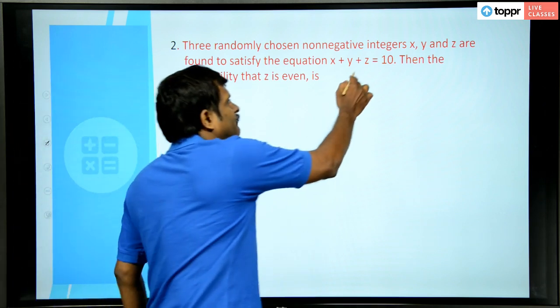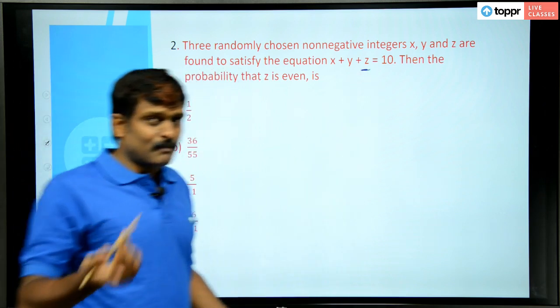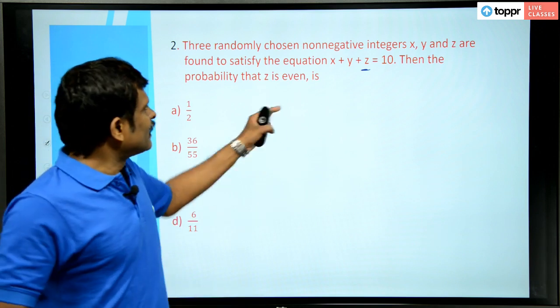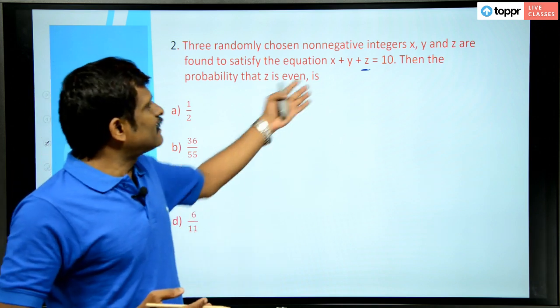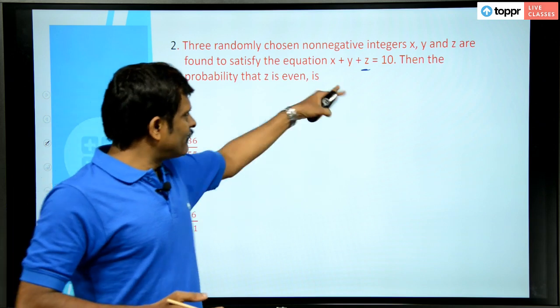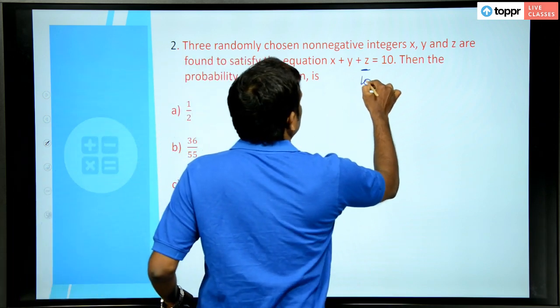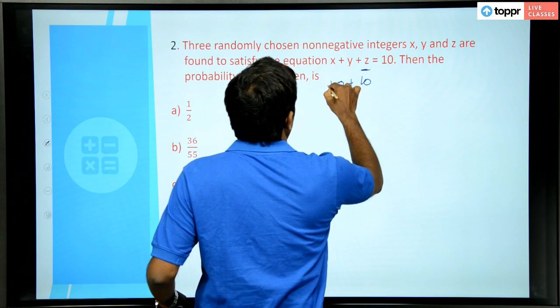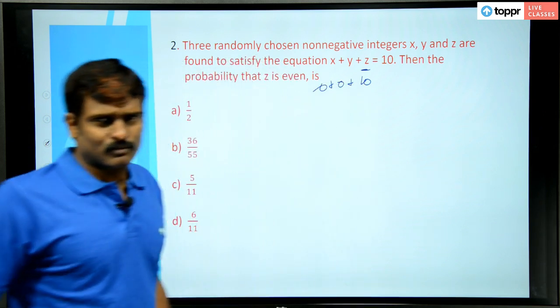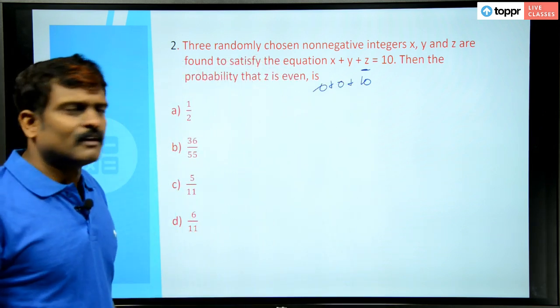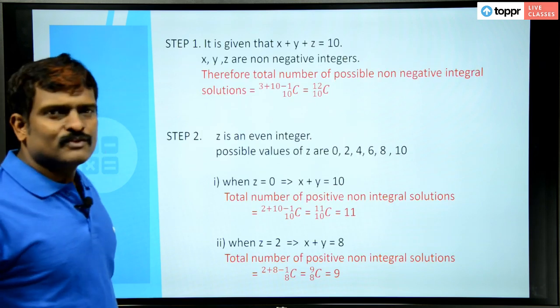That means, suppose if I take z is equal to 10, that is the only possible value. If I take 11, then I have to subtract something to get 10, right. But if I take this as 10, yeah, I can still take this as 10 because this can be 0 and this can also be 0. There is a possibility x plus y is 0, right. So, let us see what the possibilities we have.